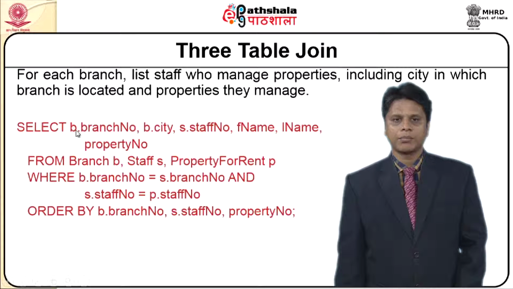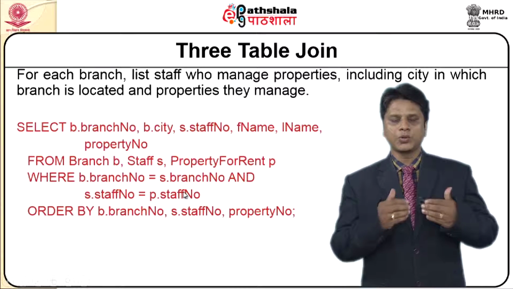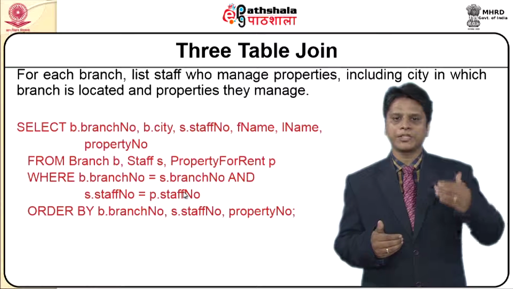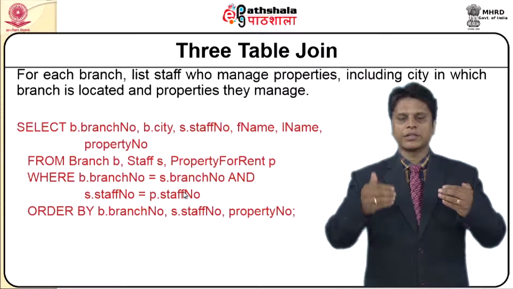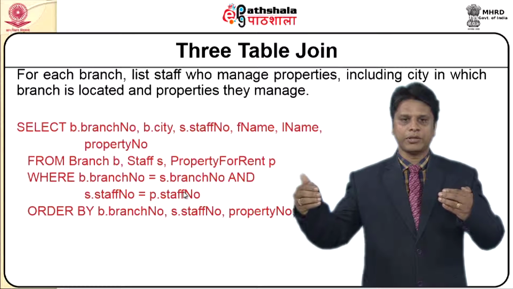Select B.branch number, B.city, S.staff number, F name, L name, property number from branch table, staff table and property table, where B.branch number should be equal to S.branch number and S.staff number should be equal to P.staff number. So there are three separate tables: a branch table, a staff table, and a property for rent table.